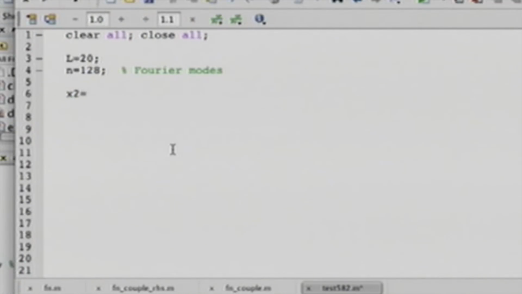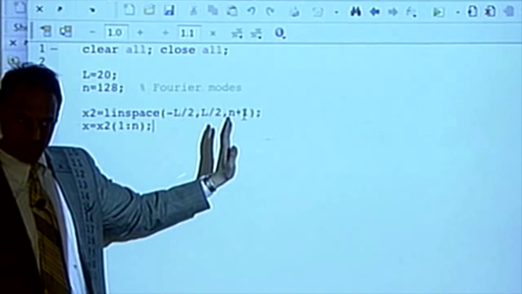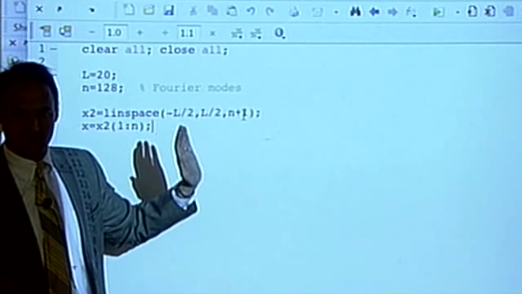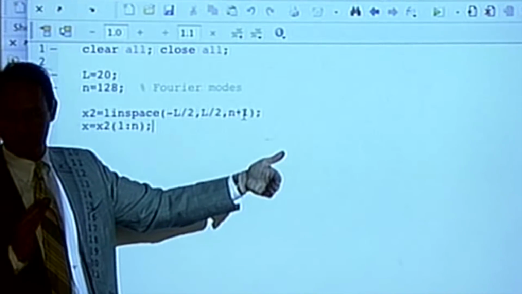Then I can define my domain as a linear space that goes from negative L over 2 to L over 2 in n plus 1 points, and what I'm interested in is the first 1 through n of them. This is important. You throw on the last point, what are the boundary conditions here? Periodic. So the last point is the same as the first.